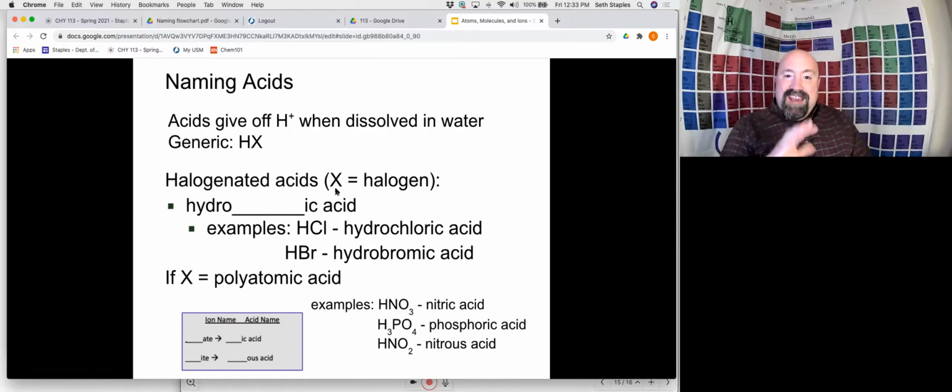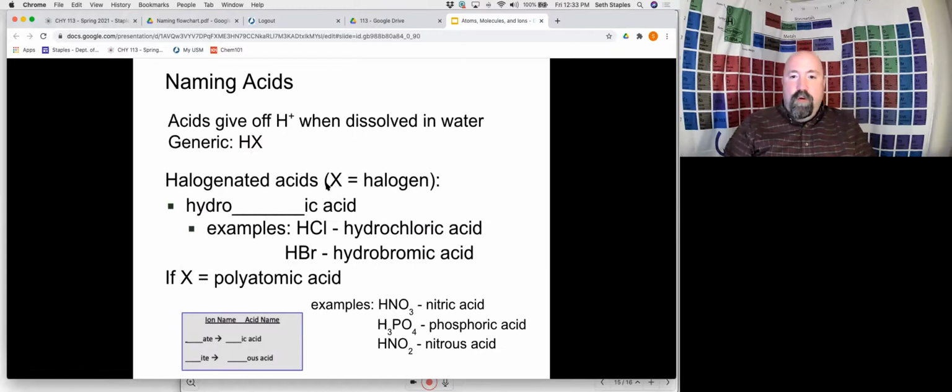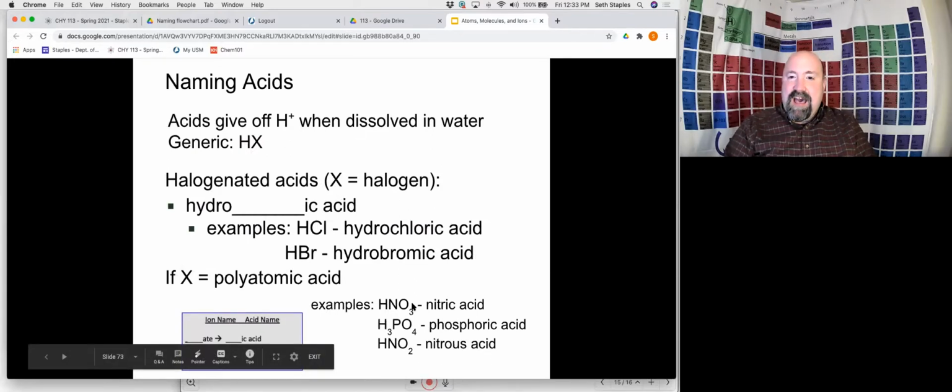If the X is one of our polyatomic ions, then it gets a little bit more difficult, but still not bad. If it's a polyatomic ion that ends with -ate, then again, we sort of cut off the end of it and then replace it with -ic acid. And so NO3, remember, was our nitrate ion.